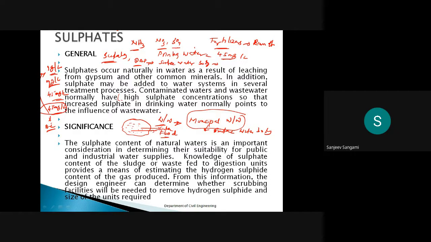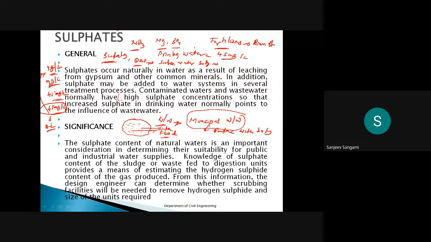Then sulfates as well as nitrates are very dangerous if they are in excess concentrations. Even in concrete, sulfate attack is very dangerous. Sulfate in concrete mixing water should not exceed 80 milligram per liter; if it exceeds, we are not supposed to use it because scale formation is going to happen.